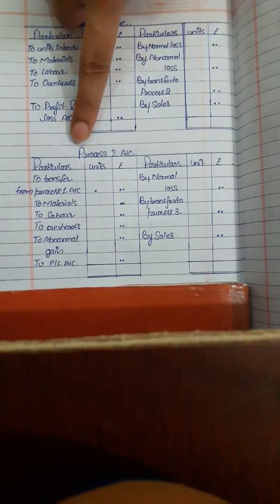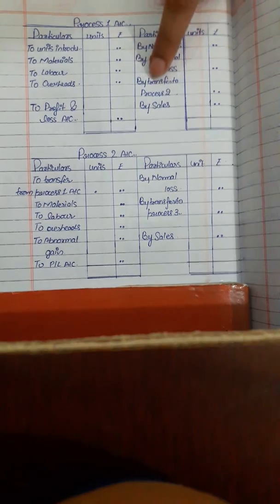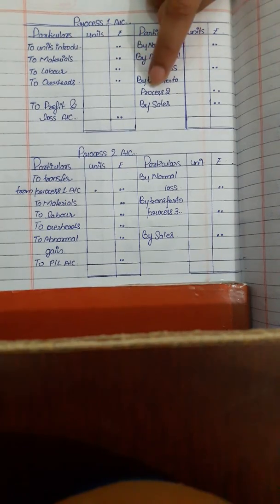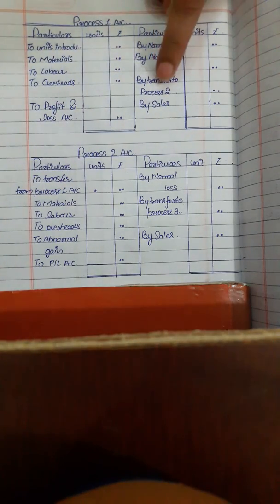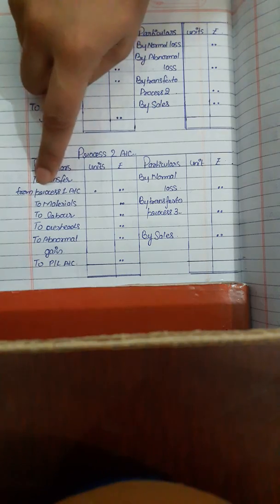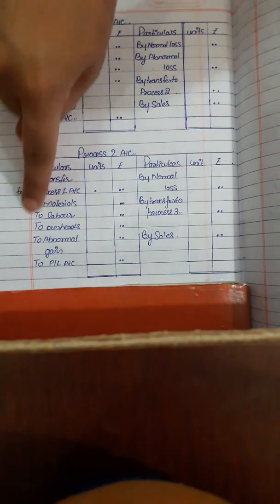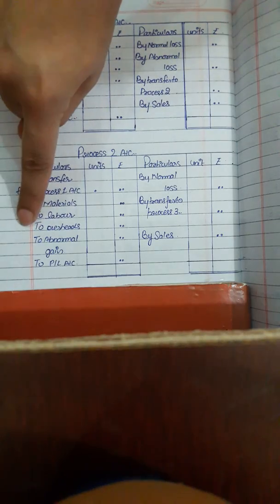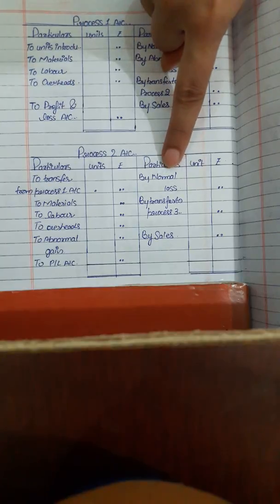After the process 1 account, we have to prepare the process 2 account, in which firstly you have to carry the transfer from process 1. From process 1 we are transferring this to process 2. Then simply like we did in the process 1 account, we'll debit all the direct expenses: material, labor, overheads, all that. Then all your losses, normal loss.